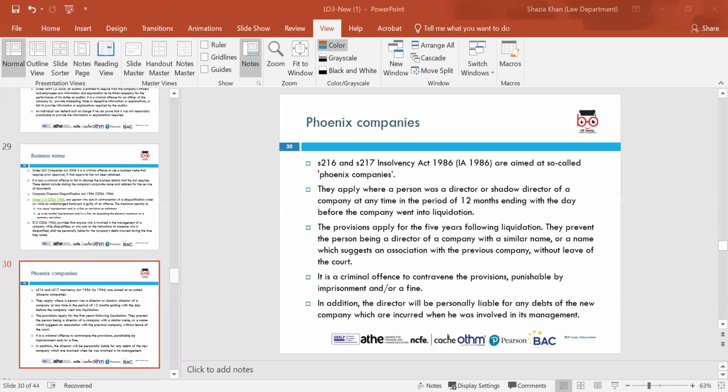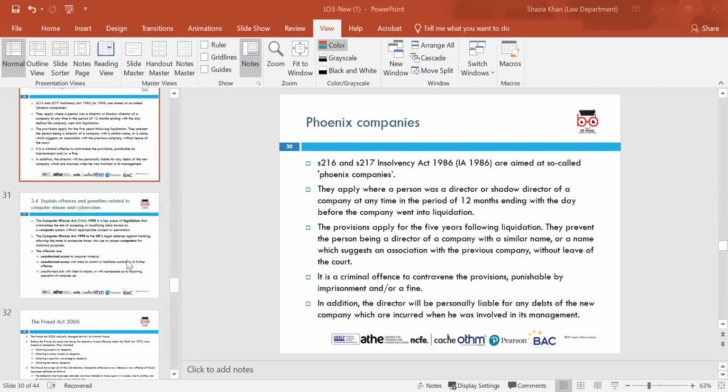Phoenix businesses, when a new company for little or no value continues the business of the existing company that has been liquidated or otherwise abandoned without paying its creditors. So it's an illegal Phoenix activity that needs to be looked into, and it's quite important with regards to identifying any elements of insolvency.